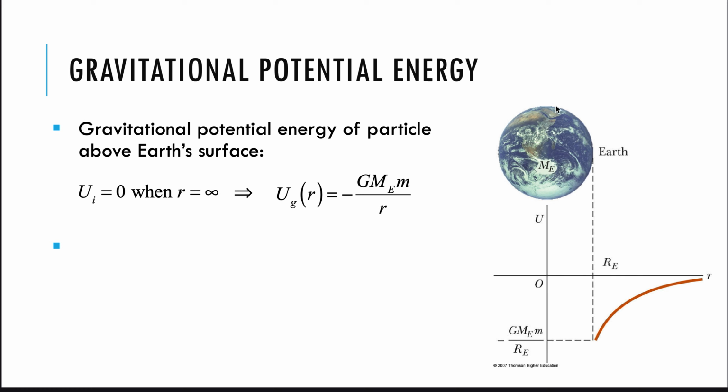We set our 0 level to be when the force experienced by the particle is equal to 0. When is the force equal to 0? When the distance r is equal to infinity. So we're going to say when your particle of mass m is very far away from the Earth, that's when it has 0 potential energy.